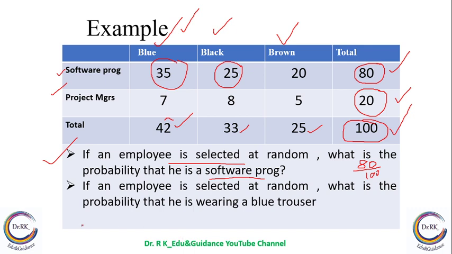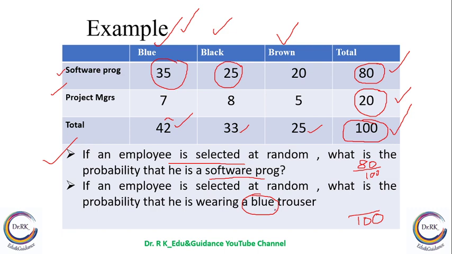Next, if an employee is selected at random, what is the probability that his dress is of blue color? Here there is no twist, no confusion. This problem is based on the basic definition. The sample space contains 100 employees.